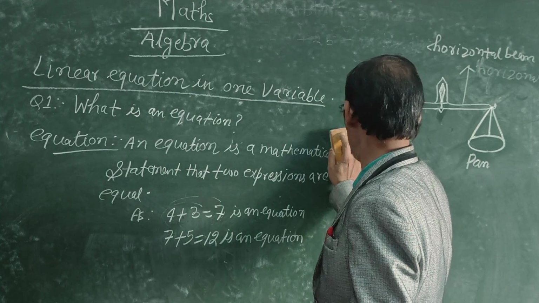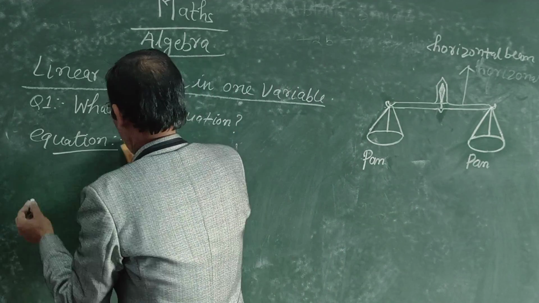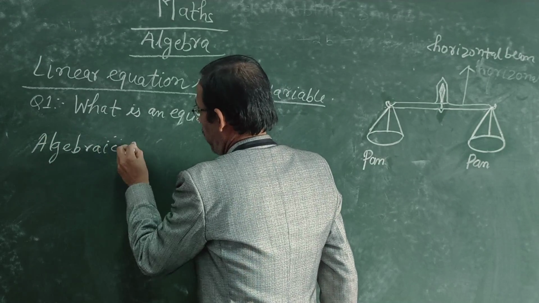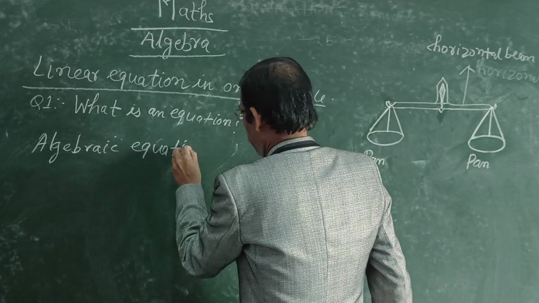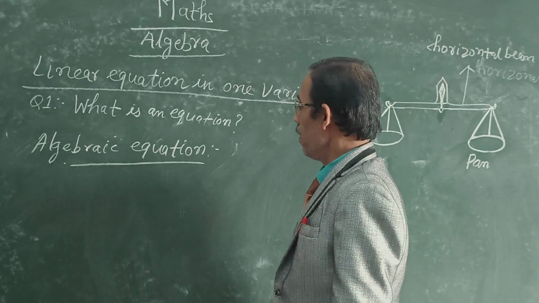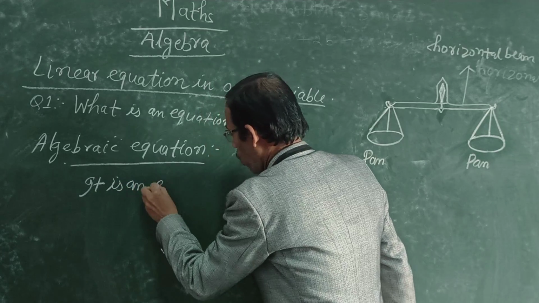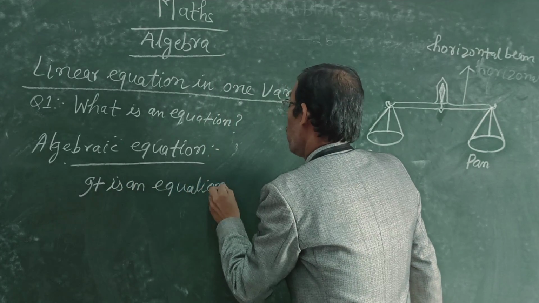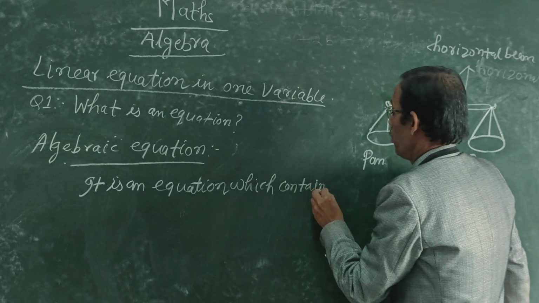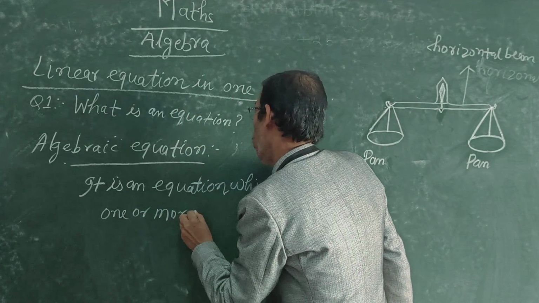Now algebraic equation. An algebraic equation is an equation which contains one or more variables.